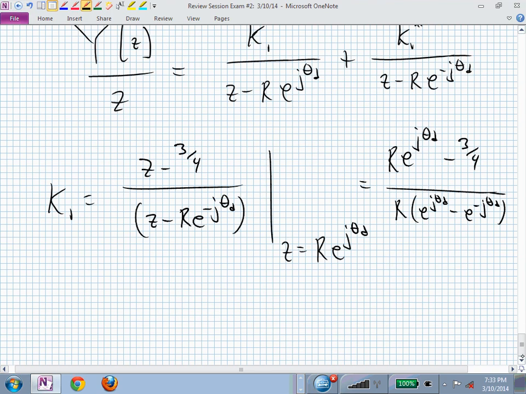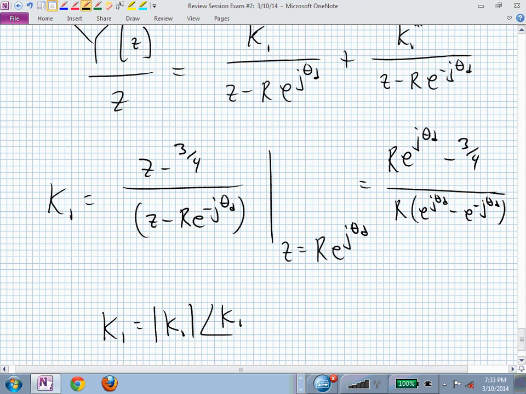So I hope that I've convinced you that k1 is a complex number in general. It has a magnitude and an angle, just by evaluating this expression. This is just 2j sine of θ_d, the denominator.